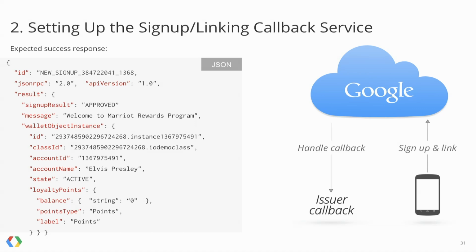The welcome message is what is shown to the user when they've successfully signed up for the program, welcoming them to your loyalty program. The wallet object is the representation of the loyalty account within Google Wallet. In the wallet object, it contains information such as the number of loyalty points, the status, and account name.